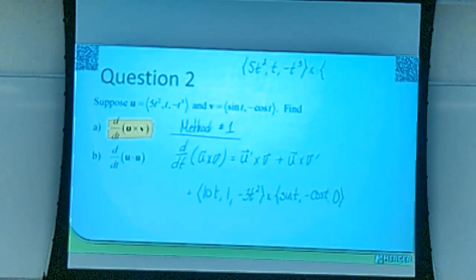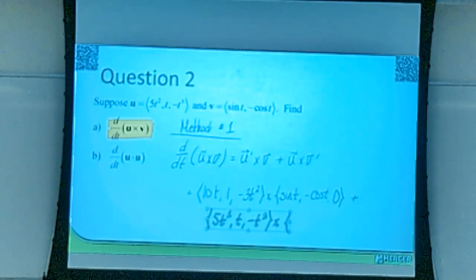That's how you do it. Now, what's the derivative of V?